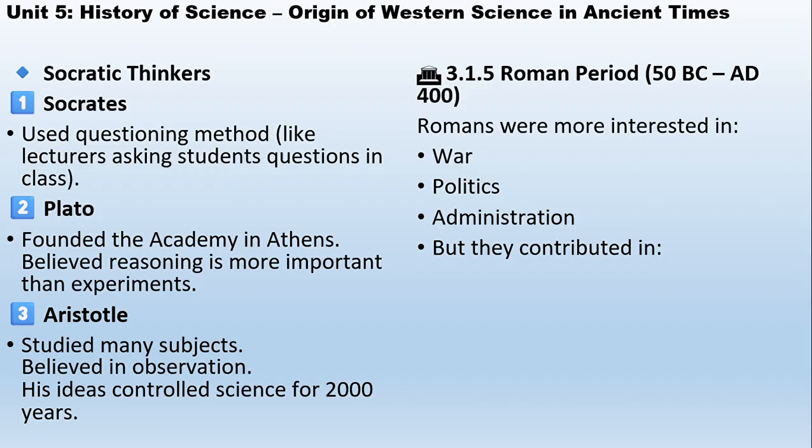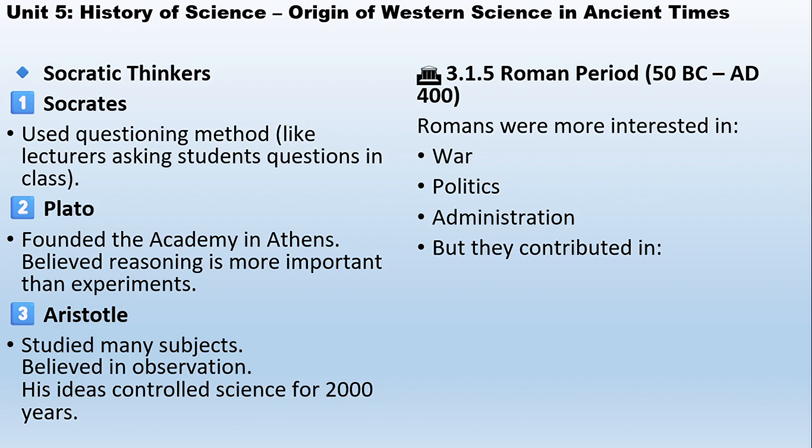He believed in observation a lot, and his idea controlled science for 2000 years. Imagine someone's idea controlling science for 2000 years. So these are the three Socratic thinkers that we have: Socrates, Plato, Aristotle.